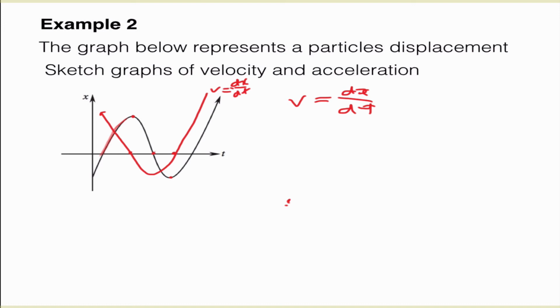Now if we want to draw our acceleration graph on this, so acceleration equal to dv/dt, or the second derivative of displacement, this point here will be a key point, because that was the point of inflection, and that's where the gradient will be 0, as that represents the turning point on the derivative graph.